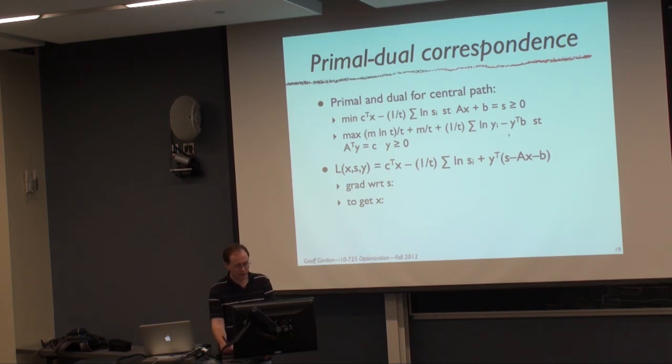So here's just the primal and dual central path problems copied from the previous slide, and the Lagrangian. If we take the gradient with respect to s, right, we had that before, it's just y minus 1 over ts, right?